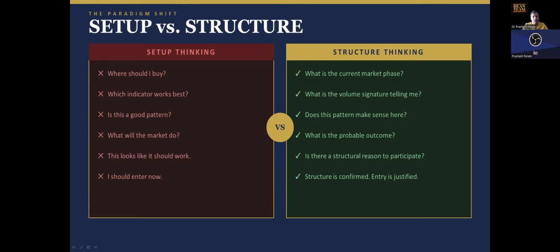So what Wyckoffian structure can tell us is whether the market is trending down, trending up, accumulating or getting distributed. When we understand that this is probably an accumulation phase, we have to look for a setup which will give a buy on dips, or a failed breakdown setup, which is a kind of spring and secondary test.